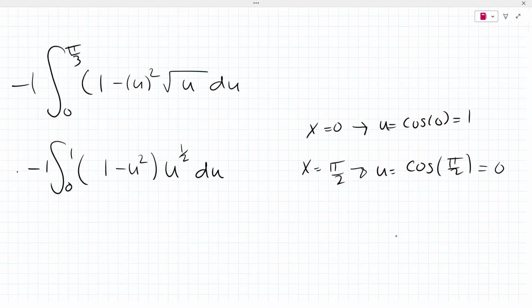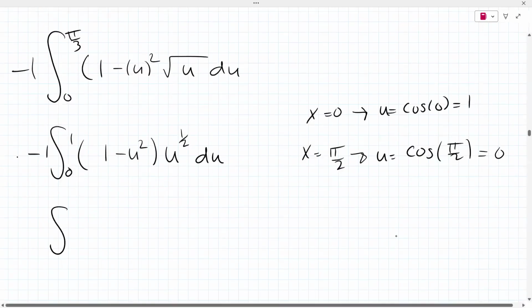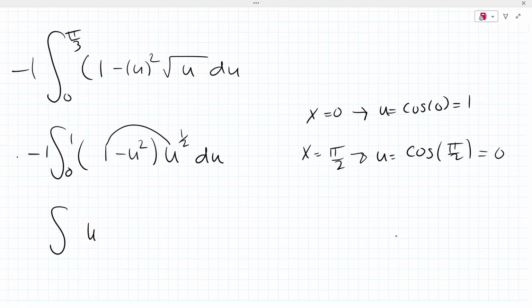And then what we'll do is just FOIL this out. 1 times u to the 1/2 is u to the 1/2. Negative u squared times u to the 1/2 is negative u to the 5/2. And then you have a negative 1 here.